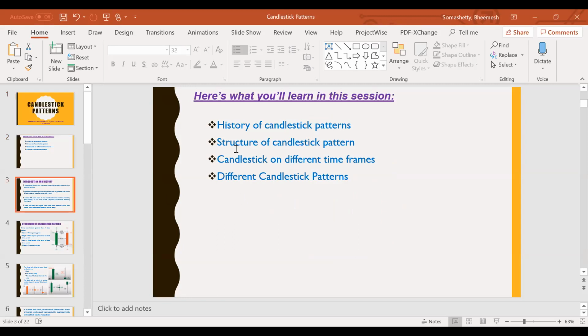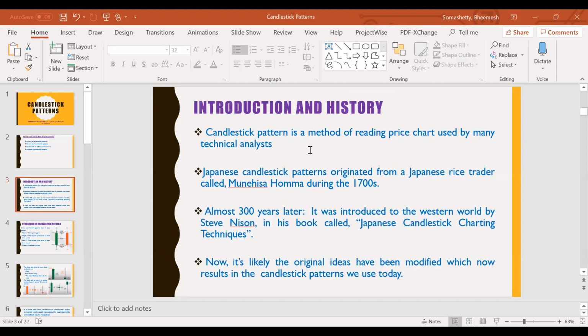Moving on to history, first of all, what is a candlestick pattern? A candlestick pattern is a method of reading the price chart, used by many technical analysts. As was said, analysts use this as a basis, a foundation. This candlestick pattern originated from a Japanese rice trader called Munehisa Homma during the 1700s.